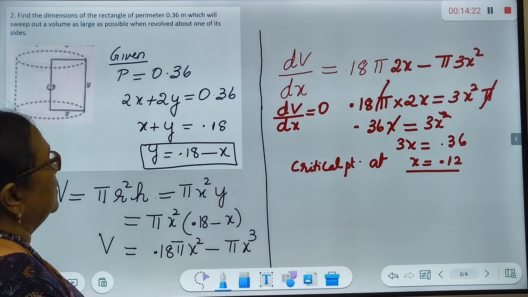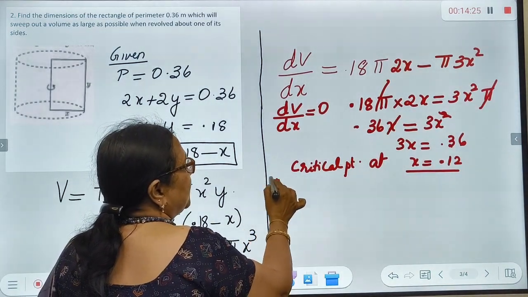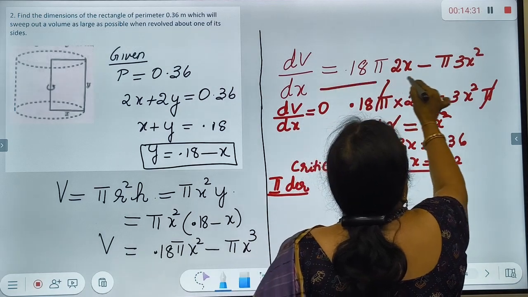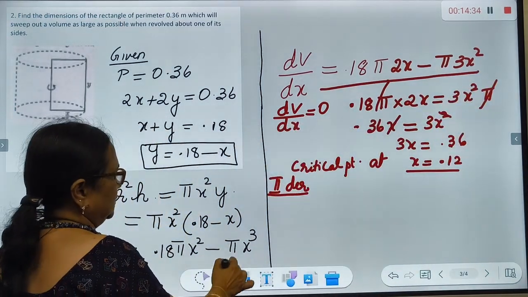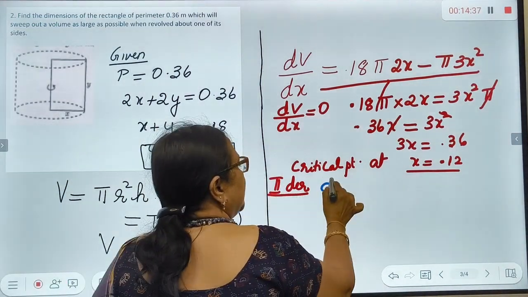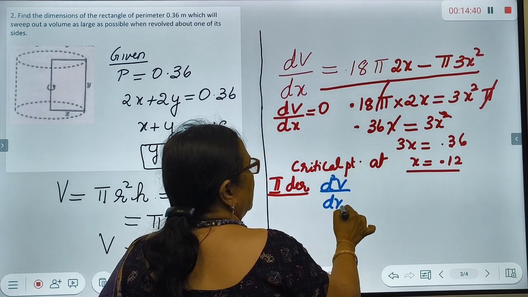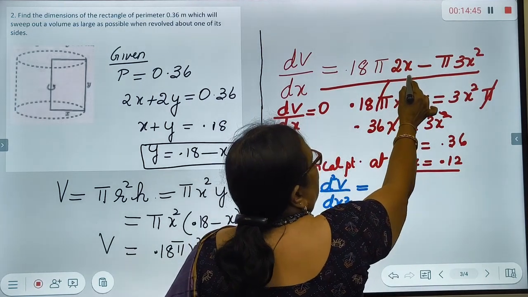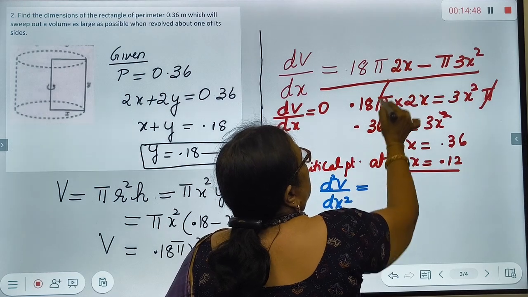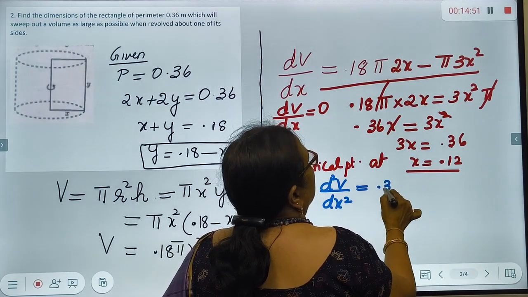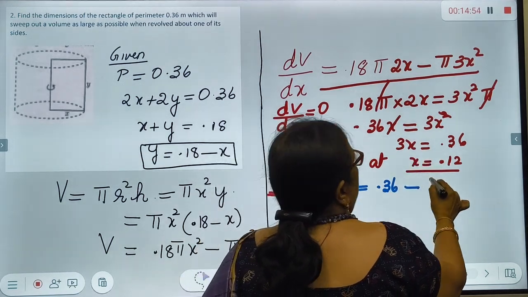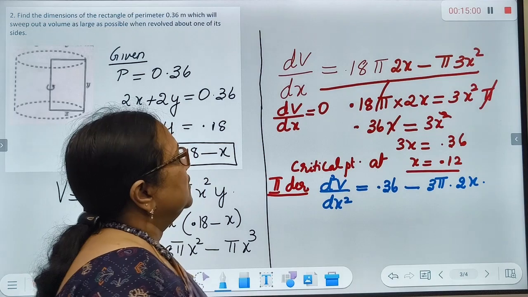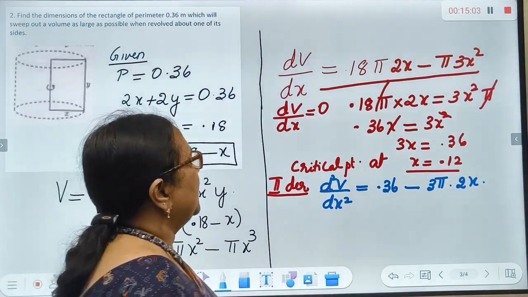What is the thing that you have to do next? We have to verify the second derivative. What will be the second derivative? This is dV by dx. So d square V by dx square will be, if I differentiate this, 0.36x gives 0.36, minus 3 pi into 2x. 3 pi is a constant, and if I differentiate x square, I get 2x.